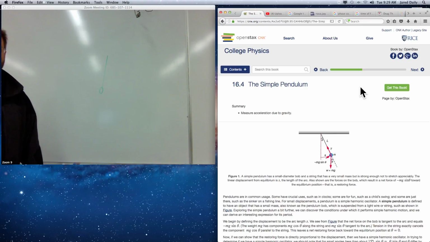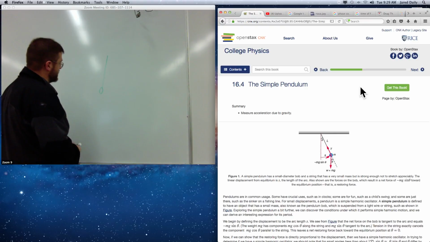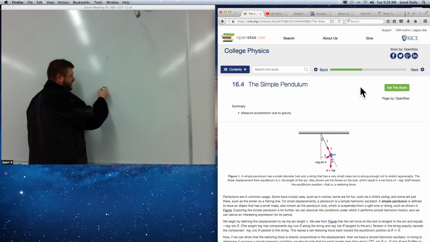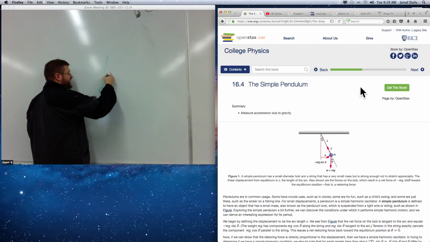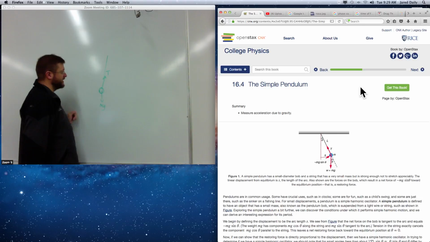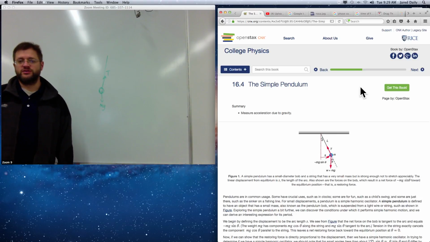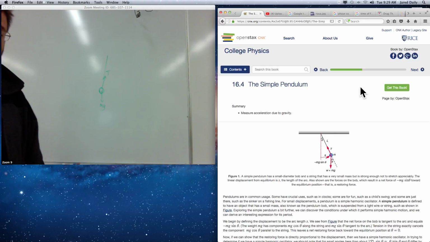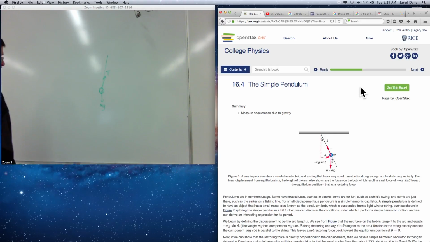If you look at the gravitational forces acting on this, or all the forces acting on this mass right here, you have, of course, mass times gravity pulling down, and you have tension pulling up on the string. And those two things are the only forces really on this thing.